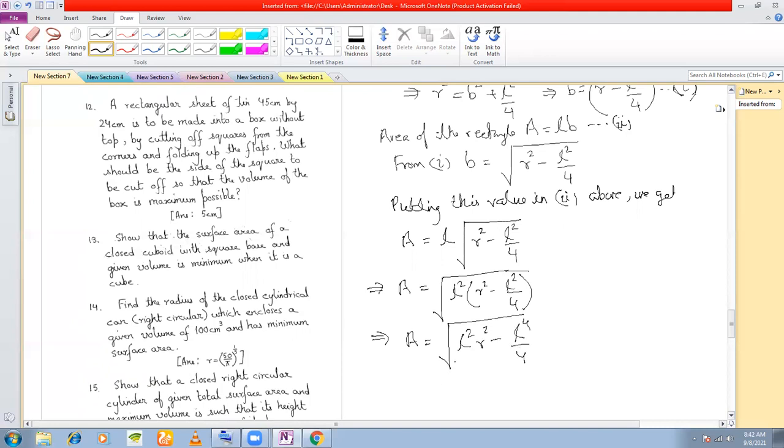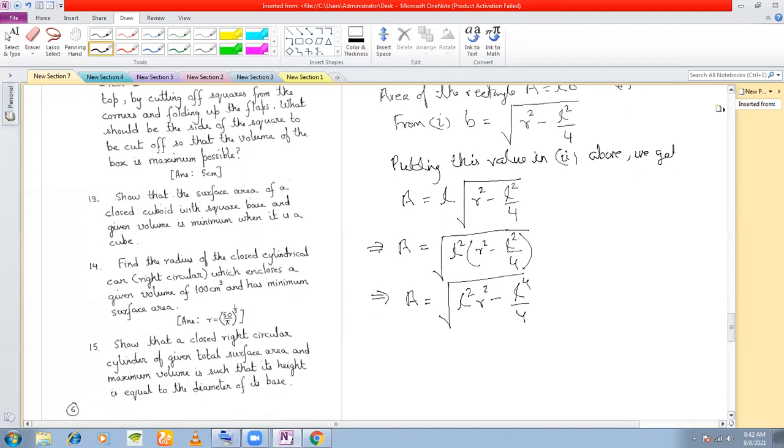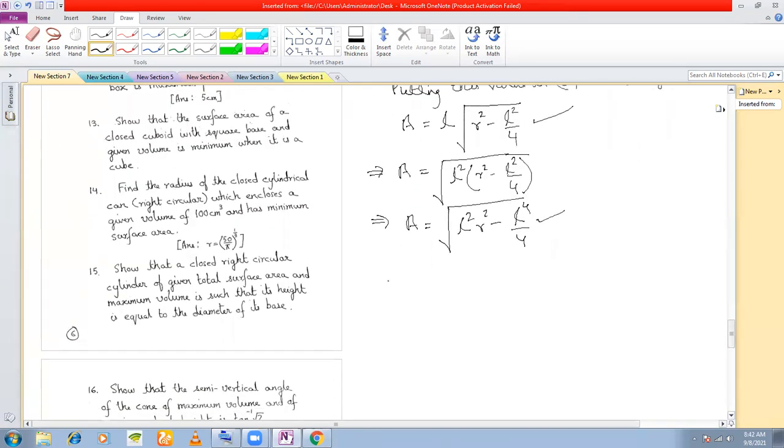Now it will be a little easier for us to differentiate, because previously this was a product of L into square root of something. If you have a product and a square root, it's a bit difficult to differentiate. Now I have only a radical. So what we'll do here is we find dA/dL.